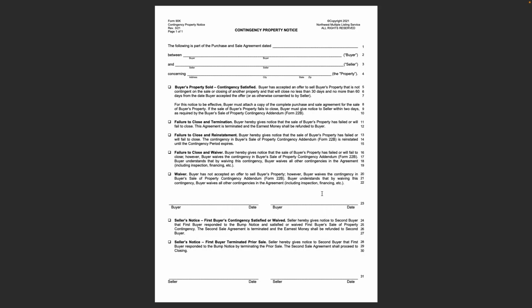If there's no bump, you're going to use this one as the representative of the buyer to notify the sellers of the things that you would use the 46, 44, the bump notice one for the buyer, the seller.